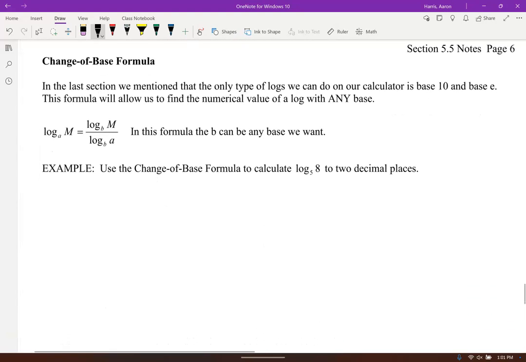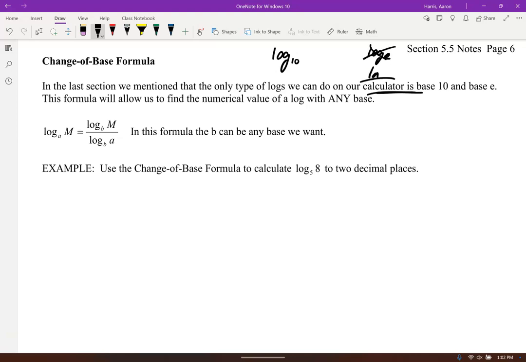If you remember, in the last section we said our basic calculators can only do the basic common logarithm. They can take log of 7 or log of 9, whatever, but it's log base 10. That's the log button on our scientific calculator. The other one it can do is log base e, which is known as the natural log.